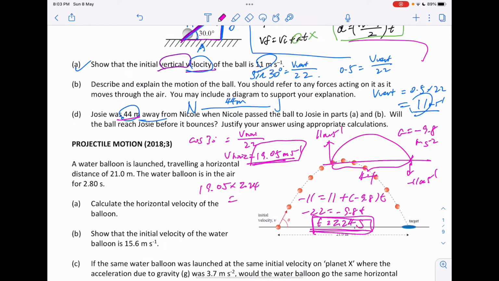So D equals VT, 42.672 meters. That's the distance, because when the ball falls on the ground, it falls after 2.24 seconds. But the horizontal distance within this 2.24 seconds is only 42.672 meters. It's smaller than 44 meters, so it cannot reach Josie. Okay? It cannot reach Josie.